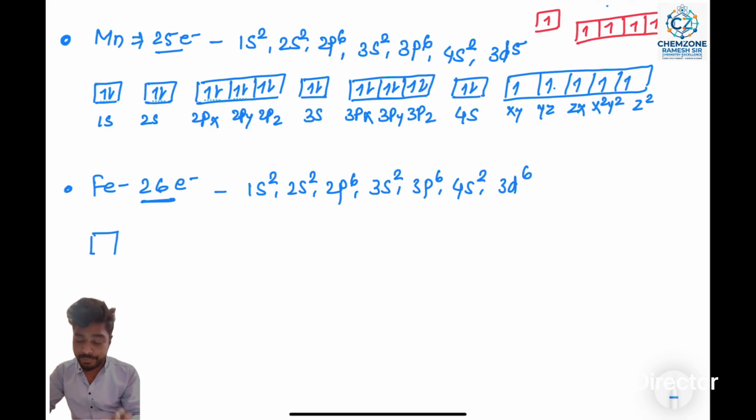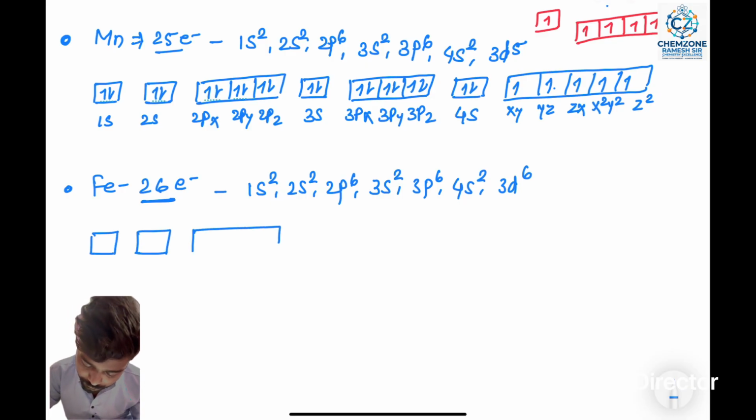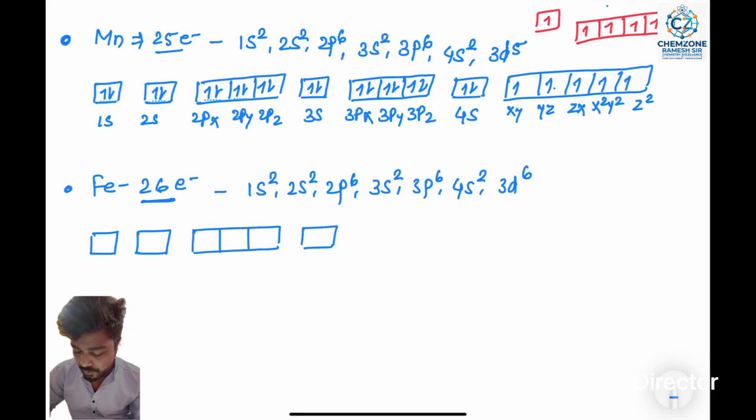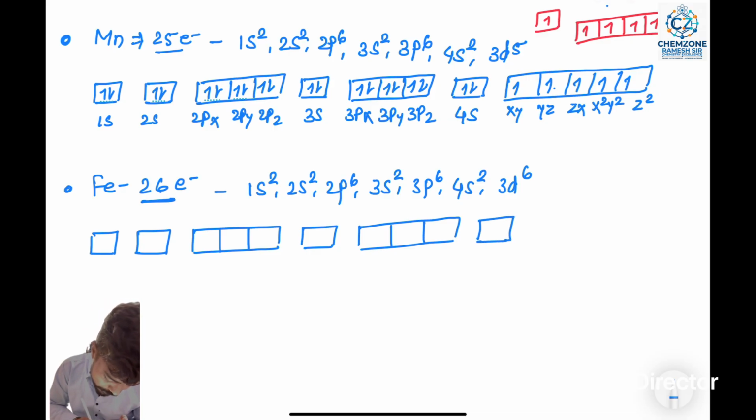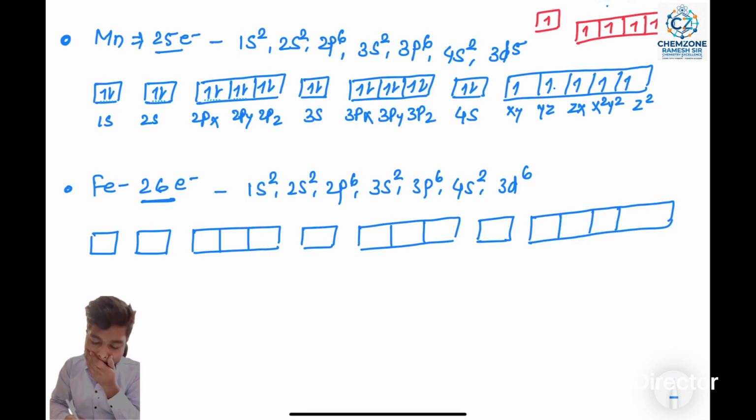First one is the s orbitals, 2s orbitals, 2p orbitals, 3s orbitals, 3p orbitals, 4s orbitals, and the last one is the 3d orbitals.